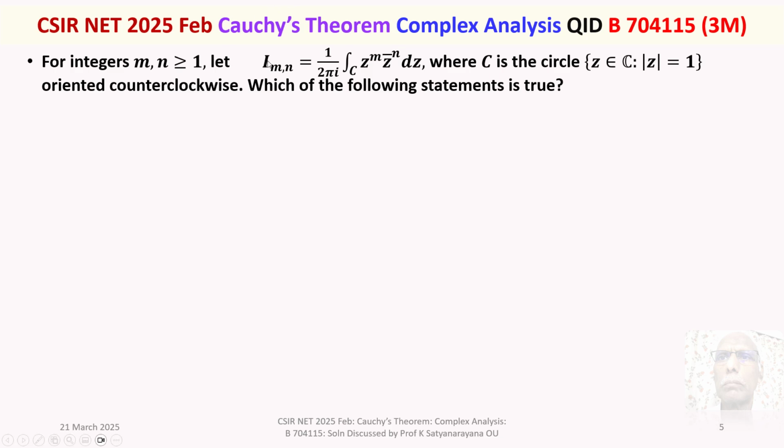Let I_{m,n} = 1/(2πi) times the integral taken round C of z^m times z bar to the power n, not z to the power of minus n, it is z bar to the power n, integrated with respect to z, where C is the circle, the set of all z belonging to C such that |z| = 1, which is oriented counterclockwise, that is, positively oriented.